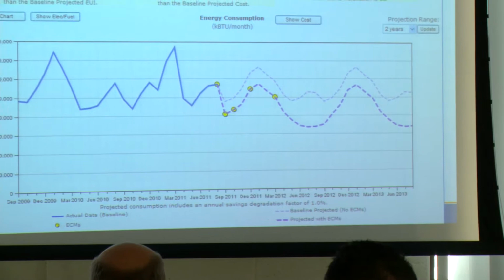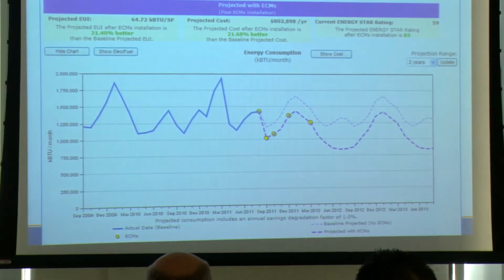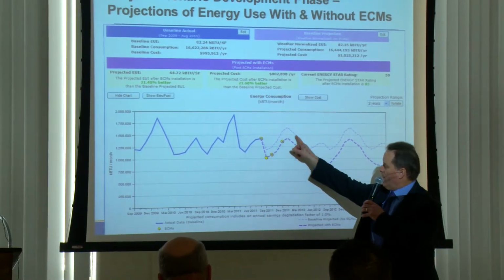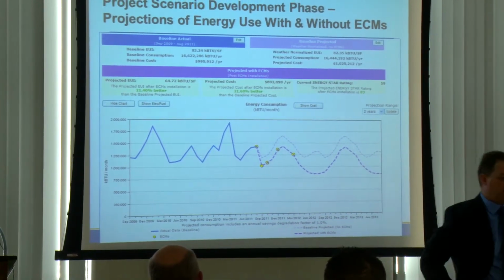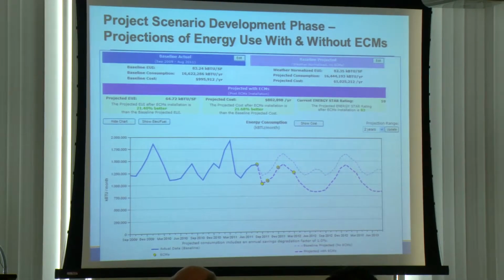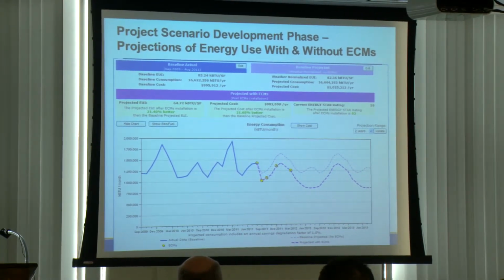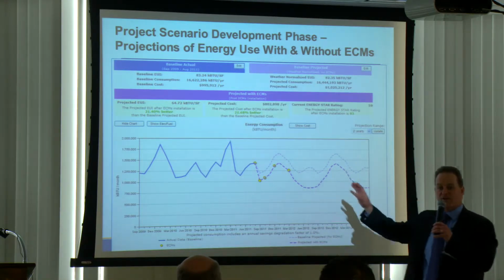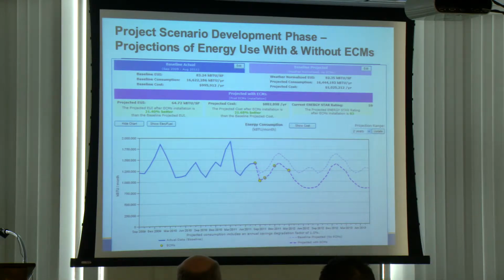So once your baseline data is uploaded into the system, that will be calculated automatically, as will this upper purple dotted line, which is the projected baseline data, creating the scenario that if the building owner took what we all know is the most popular option, which is do nothing. Right? So if I'm the building owner and I do nothing, how can I expect my building to perform in the future if I just ignore all your ECM recommendations?